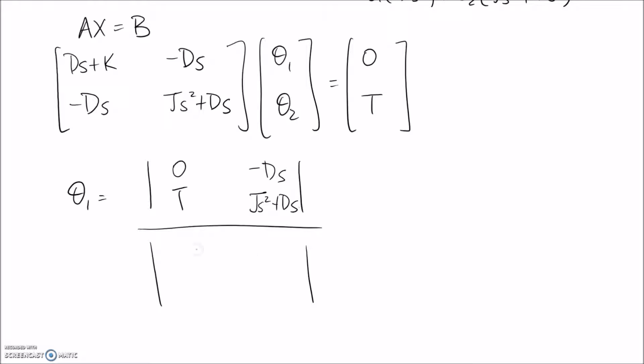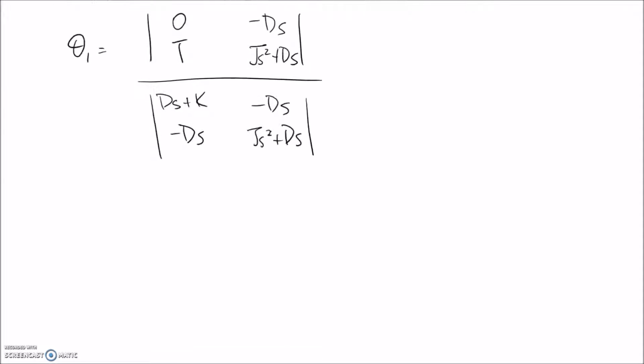Okay, and then on the bottom line, we end up with just the A matrix directly inputted. Cool. So now we just need to solve for these determinants. It's going to be AD minus BC.